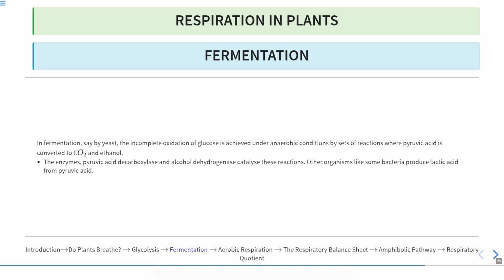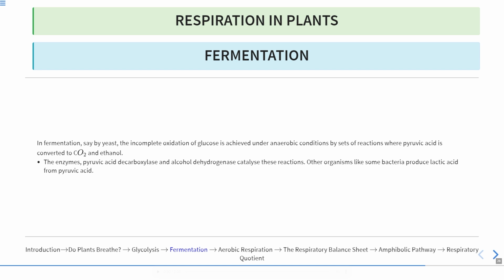So in the case of yeast, this pyruvic acid in anaerobic condition is changed to ethanol and carbon dioxide gas is released. The enzymes pyruvic acid decarboxylase and alcohol dehydrogenase catalyze these reactions. So these reactions again occur in the presence of some enzyme. Other organisms like some bacteria produce lactic acid.